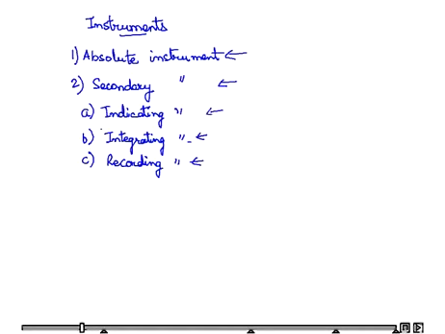Examples of indicating instruments are simple ammeter, voltmeter, and etc. Example of integrating instrument is the energy meter in our house.